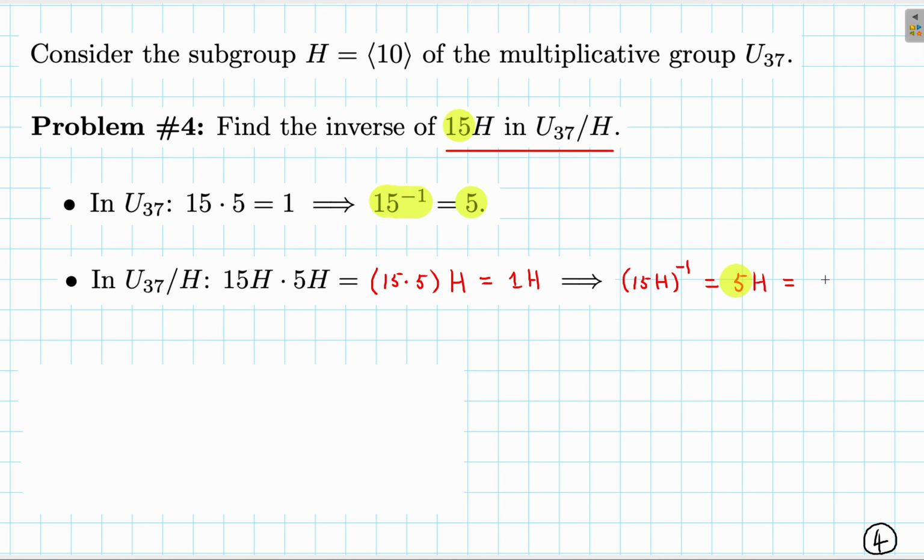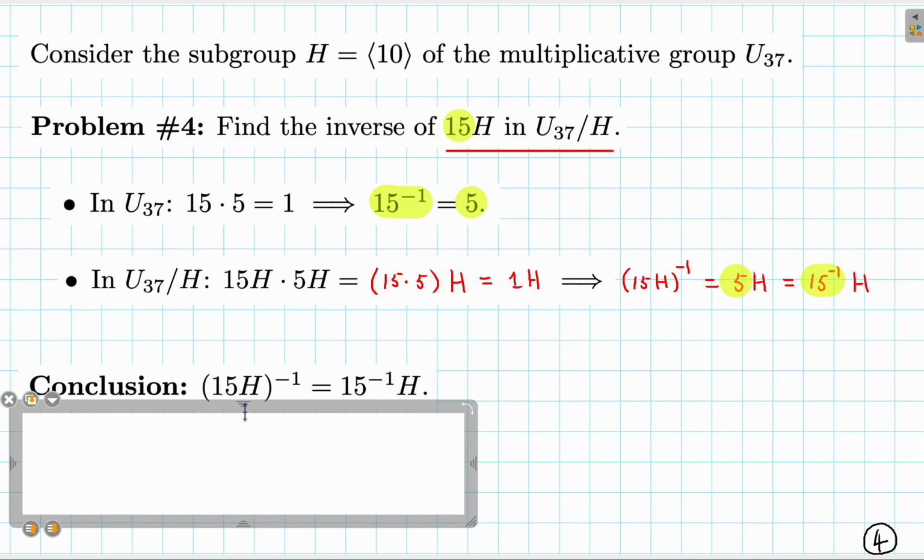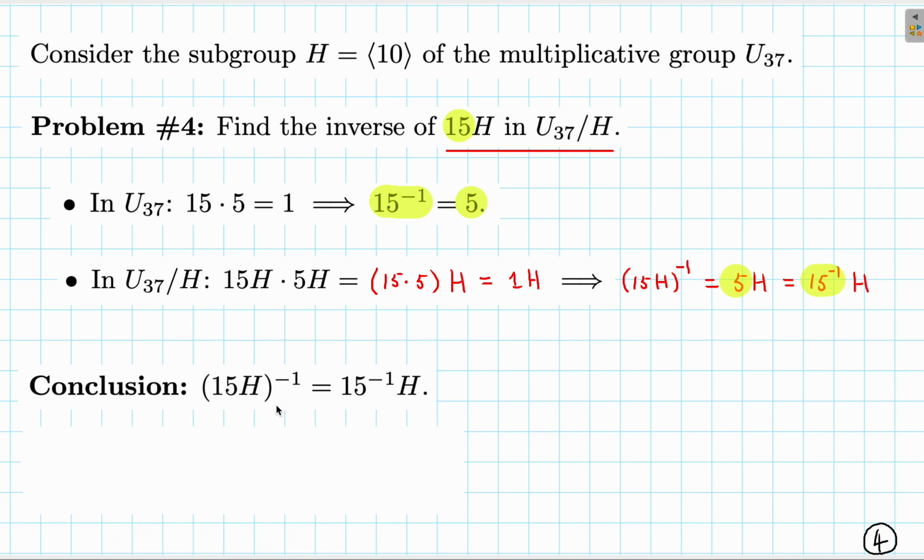And so we can rewrite this as 15 inverse H. And I'll highlight the substitution we made for the coset representative. And therefore, our conclusion is that the multiplicative inverse of 15H is equal to 15 inverse H.